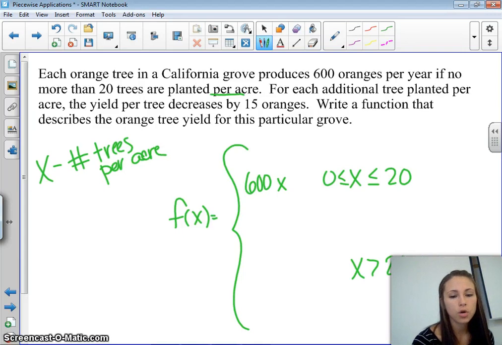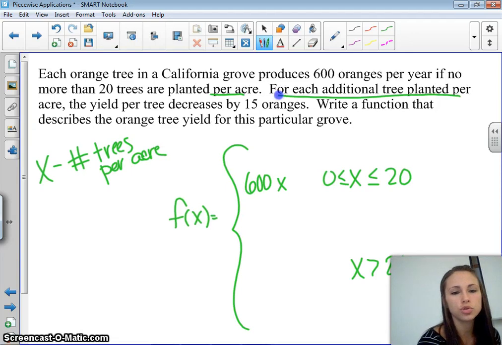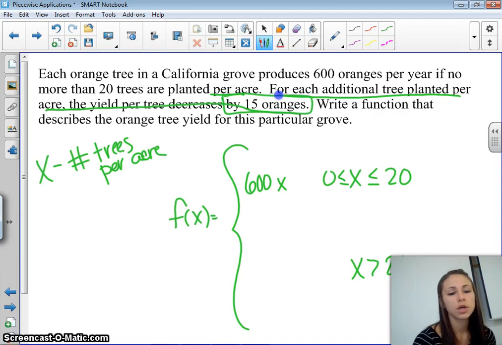So I need to know how much they're going to produce if there's more than 20. It says for each additional tree planted per acre, the yield per tree decreases by 15 oranges. So I'm going to figure out how many oranges these 20 trees would produce first.